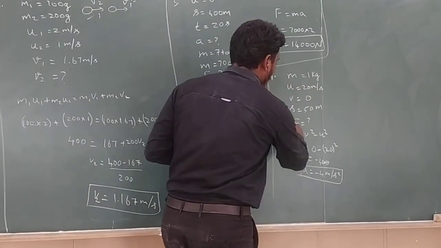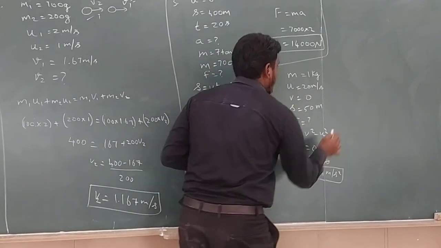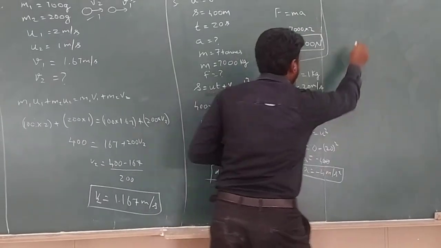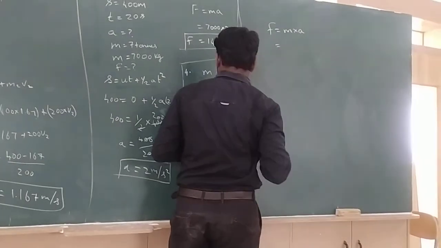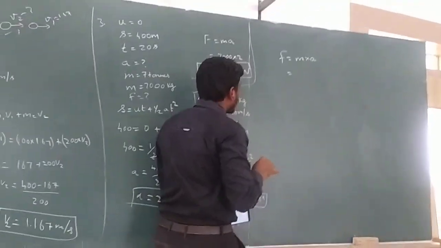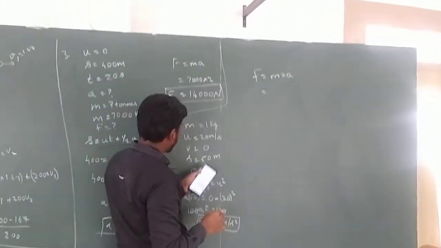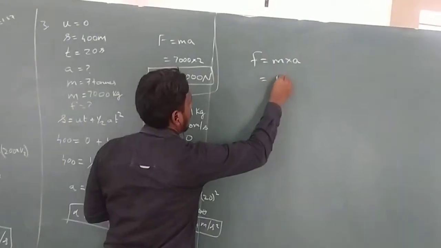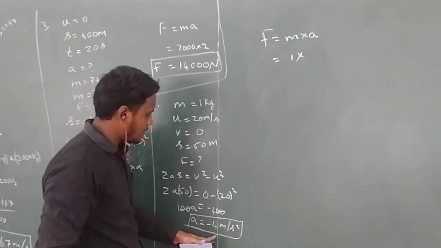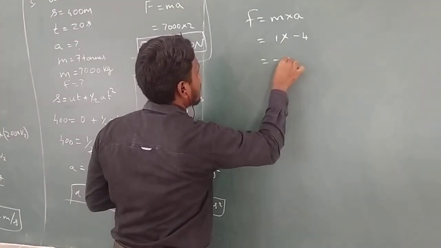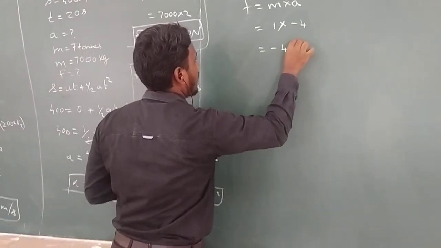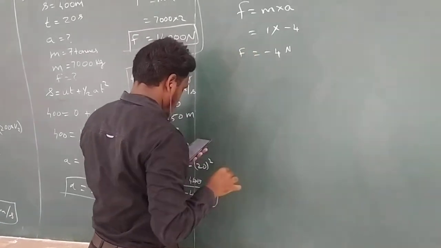Lastly, we have force to find. What is the formula for force? Same. F equal to m into a by second law of motion. Mass is given as 1 kg. Acceleration is given as minus 4. So it is minus 4 newtons. Right?